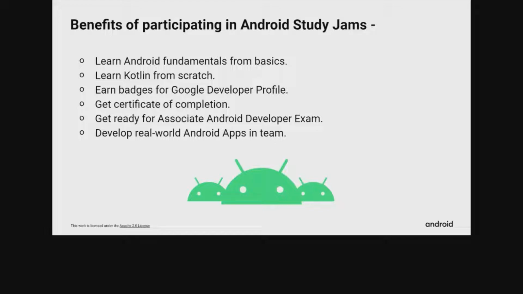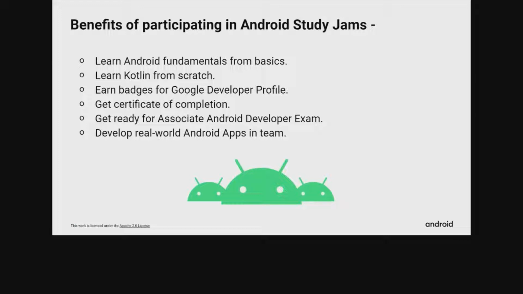This course will also help you to prepare for a certification known as the Associate Android Developer Examination. So this certification, as of today, is the most appreciated one for junior level Android developers.